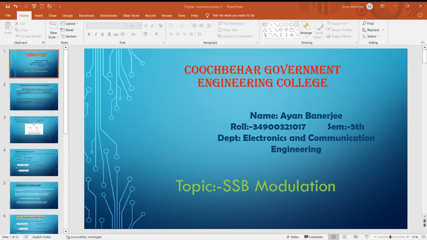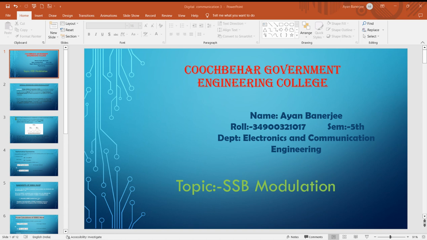So power of SSBSC wave is equal to the power of any sideband frequency component. So P_T equals P of USB, meaning P of upper sideband equals P of lower sideband.